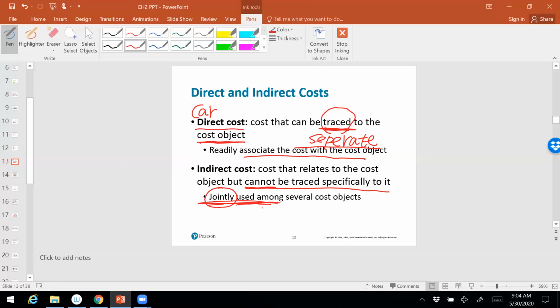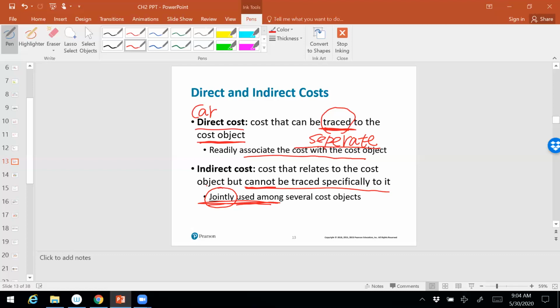Not only for material, even for the labor. Like for the cleaning people. I clean this car, I clean that car, I clean the other cars. So all the cars jointly use my cleaning service. It's really hard to separate.